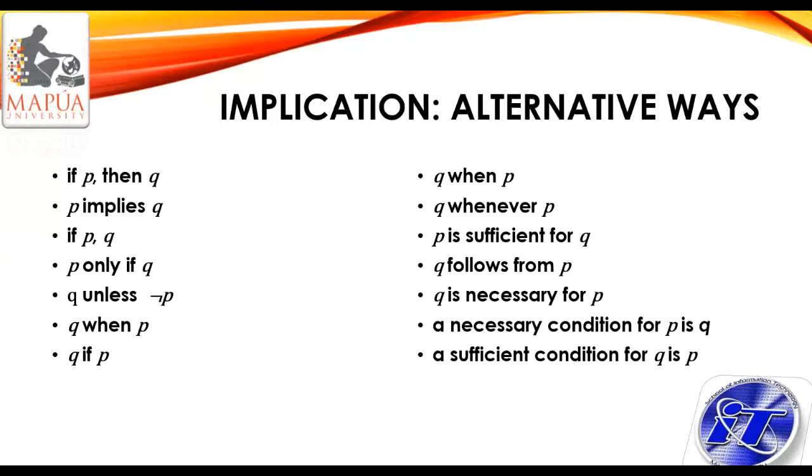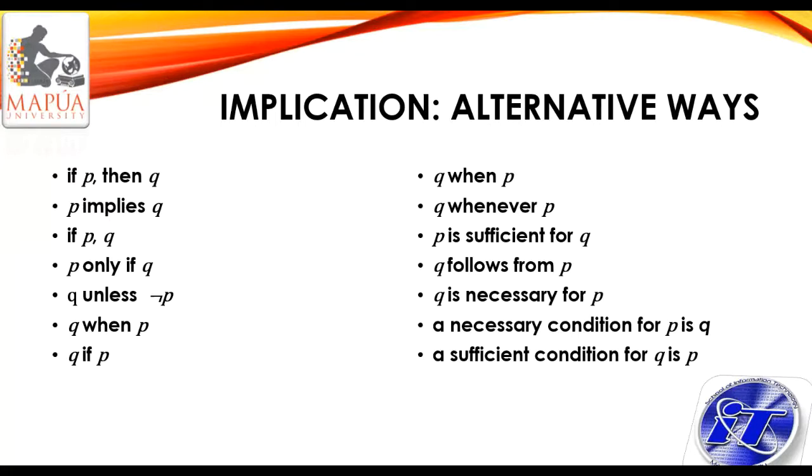So we have: if P then Q, P implies Q, if P comma Q, P only if Q, Q unless not P, Q when P, Q if P, Q whenever P, P is sufficient for Q, Q follows from P, Q is necessary for P, a necessary condition for P is Q, and a sufficient condition for Q is P. And by the way, as you can see, in the different forms, the conclusion can be written first before the premise, like here, Q when P. So kindly memorize these different forms of implication so that you will correctly identify which is the conclusion and the premise of the statement.